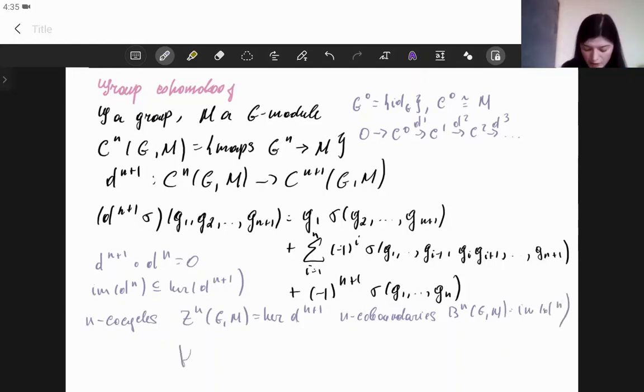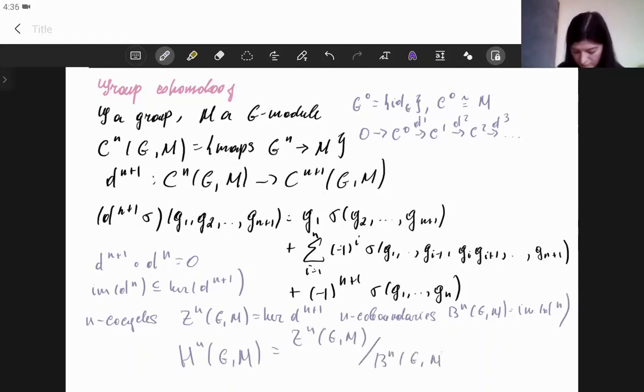Then the nth cohomology group is cocycles modulo coboundaries. Okay, so if cocycles equals coboundaries, we have exactness. Otherwise, we have some interesting groups, these cohomology groups.